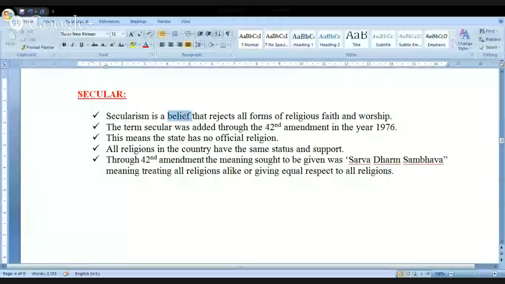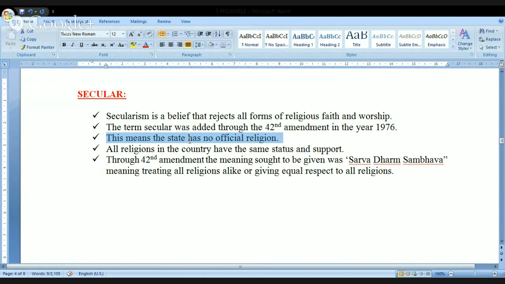Okay. Now let me open the document again and show you some points related to secular. Look at this. Secularism is a belief that rejects all forms of religious faith and worship. And the term secular was added through the 42nd Amendment. The word secular means the state has no official religion.